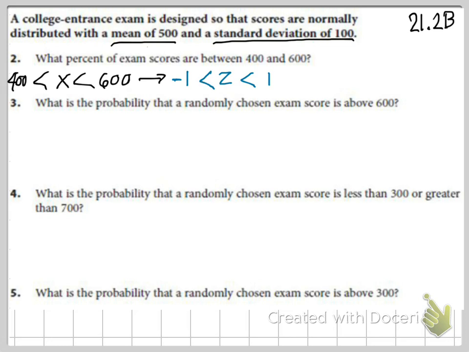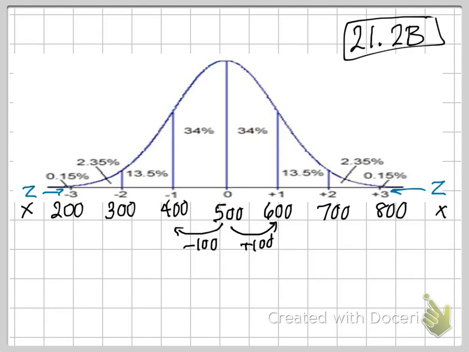Okay, so I go back to my curve, and I have several percents typed across the curve, but there are other percents that it's good to know. For instance, it's good if we know that between negative 1 and positive 1, 68%.